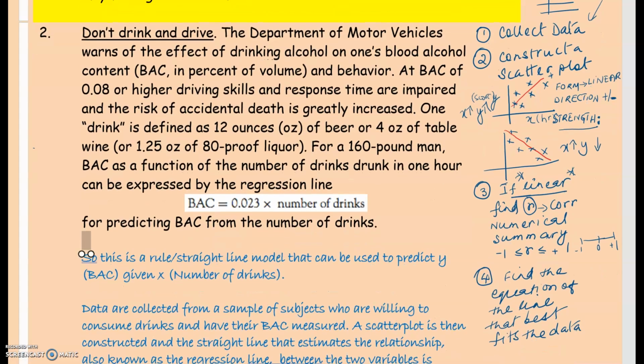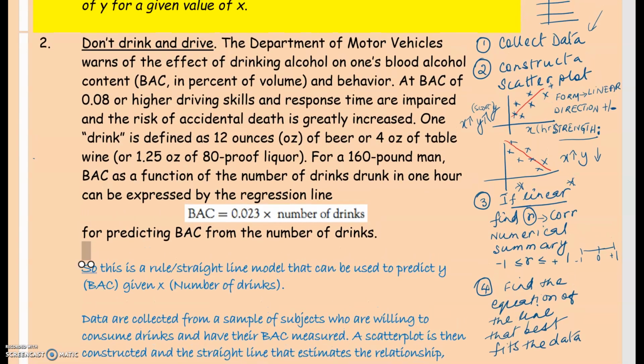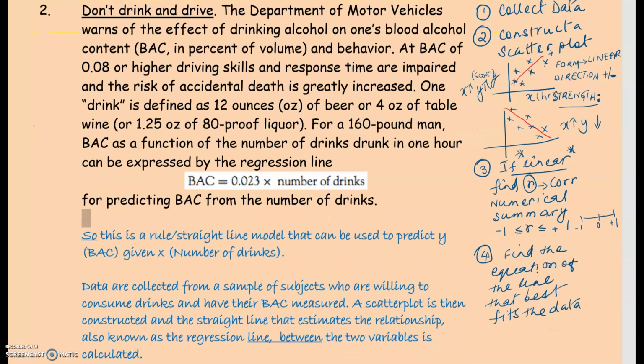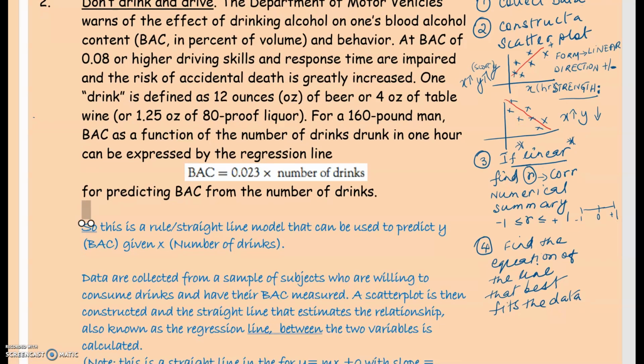Now, finally, we look at the line that best fits the data. We're only looking at linear patterns here. So that's why I'm saying it's a line, only because it's linear functions or patterns that we are looking at. If we see a linear pattern, then the next step is to calculate the equation of the line that best fits the data in the scatter plot. So we don't really have to worry about how it's calculated.